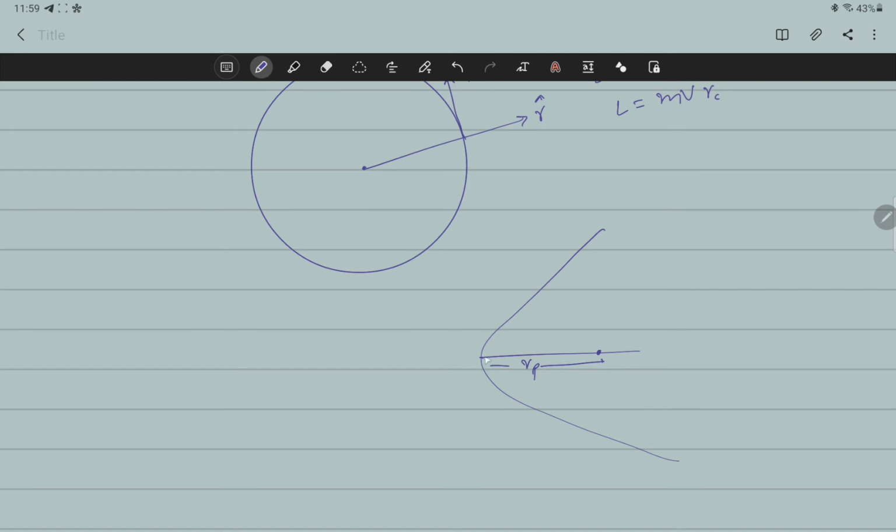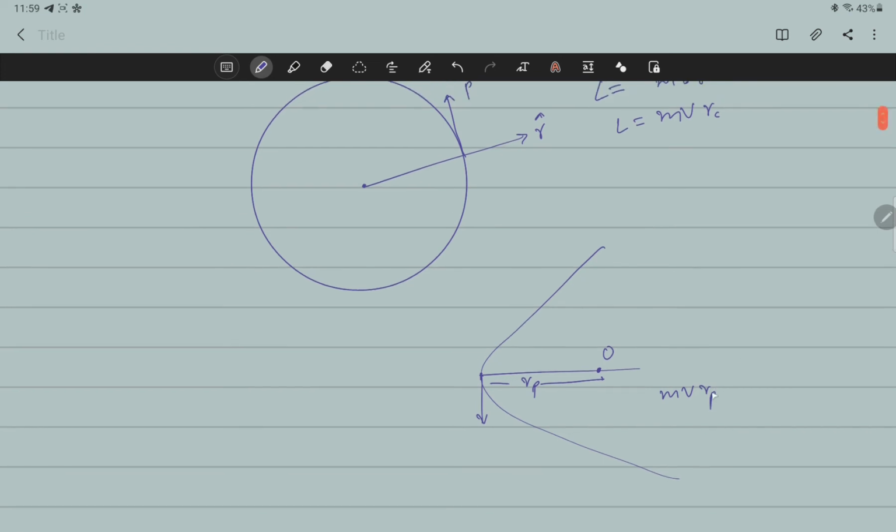So when the particle is at its pericenter, its momentum will be along the tangent. Suppose this is the center, the origin. In that case, its angular momentum will be mvrp. So do you get my point? This is rp, this is the angular momentum.